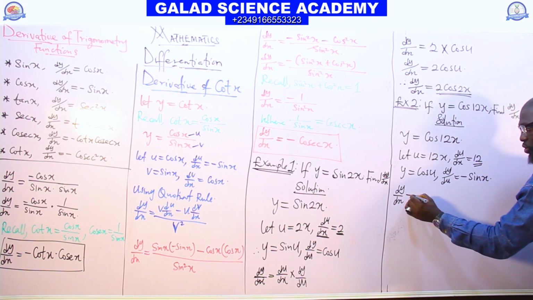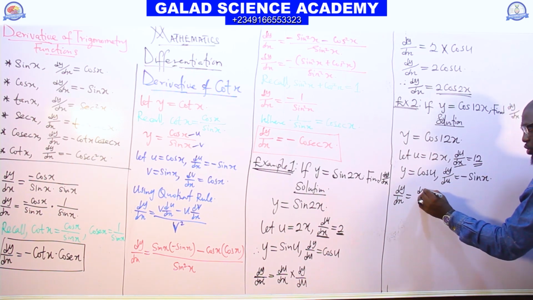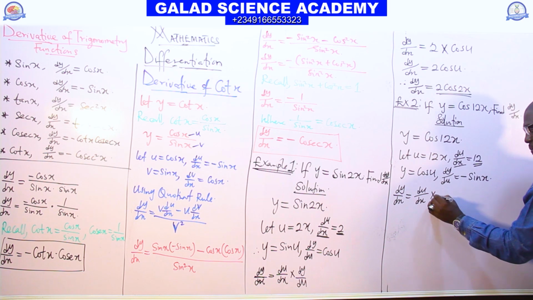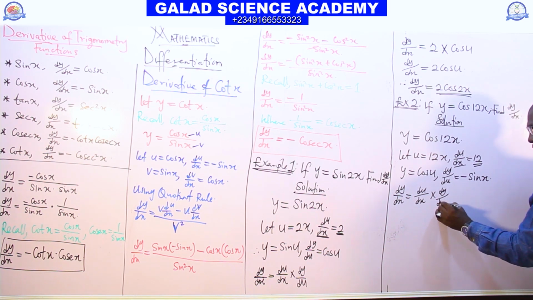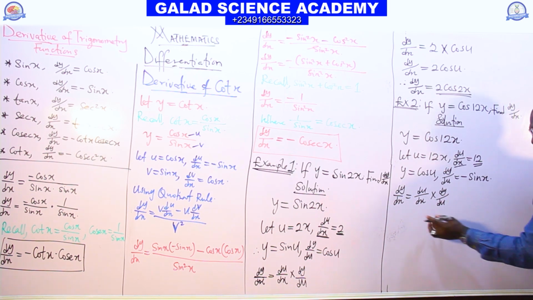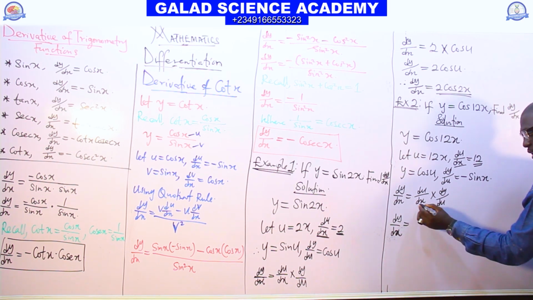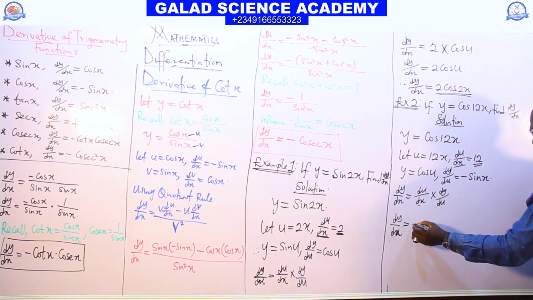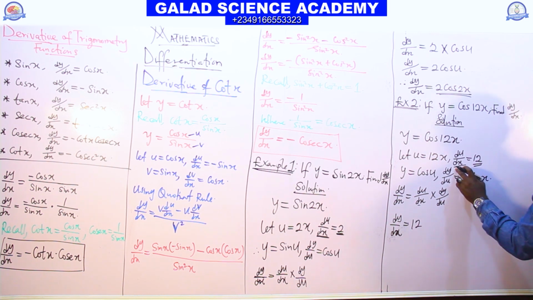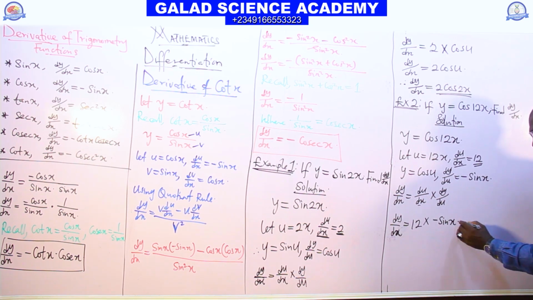dy/dx will be du/dx multiplied by dy/du. By doing that, we have dy/dx. du/dx is 12, so we have 12. What is dy/du? It is minus sine u.